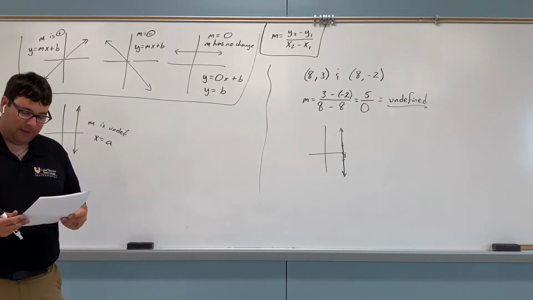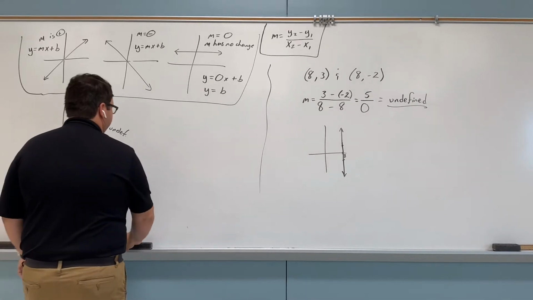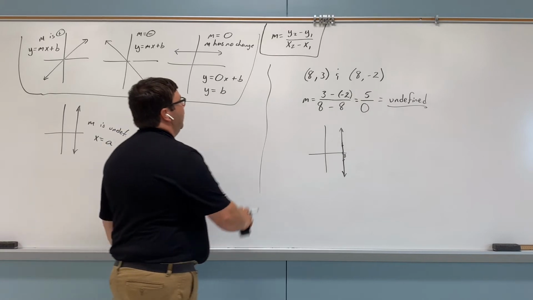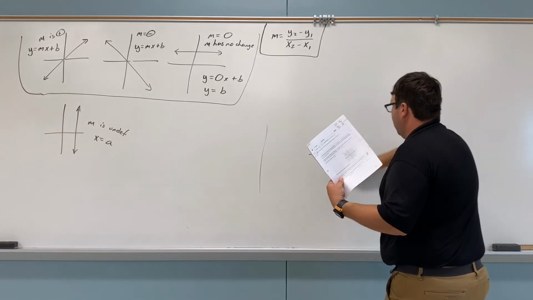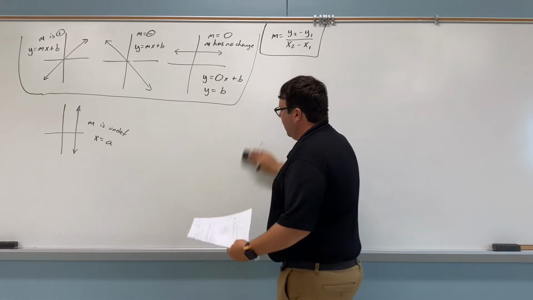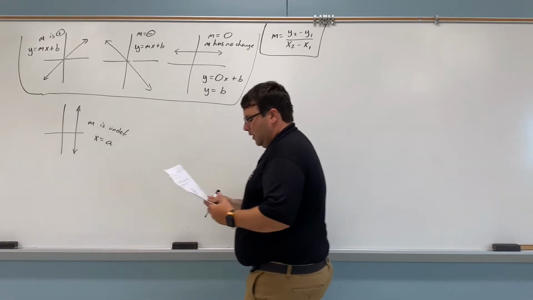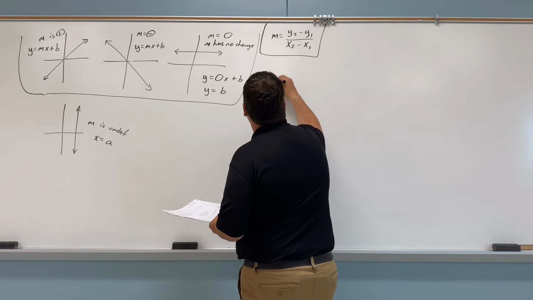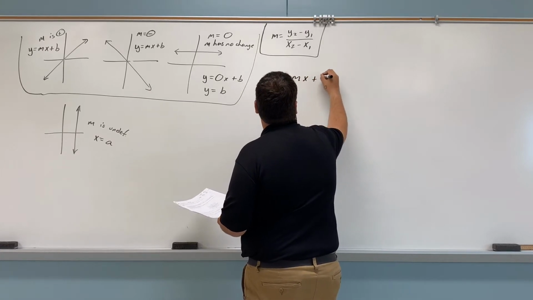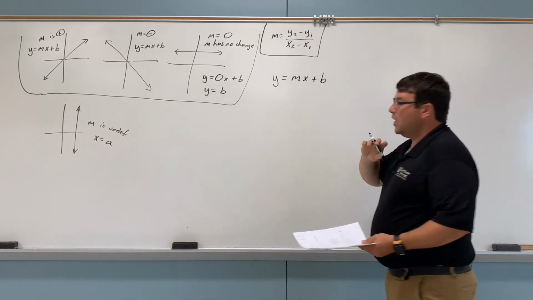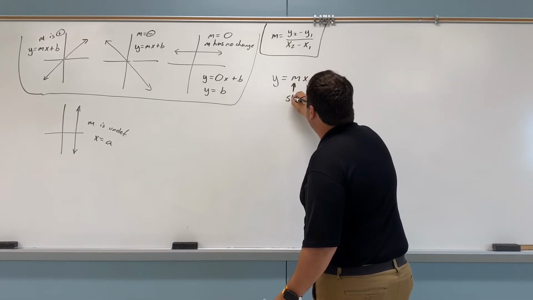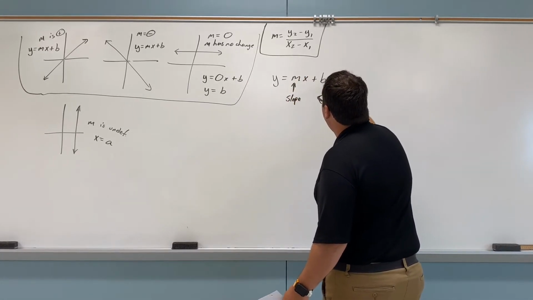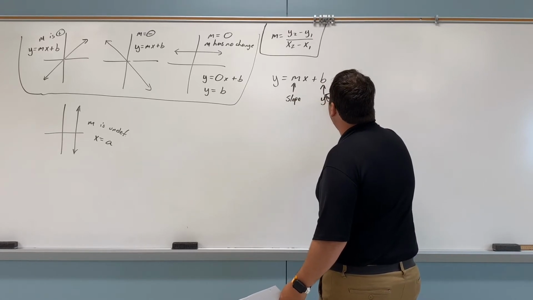All right, so that being said, let's dive deeper into slope-intercept form. I think now's a good time anyway, partly because it's also on your notes. So as we're looking at our slope-intercept form, we have y equals mx plus b. A couple key components. You have slope, and then you have the value of the y-intercept.